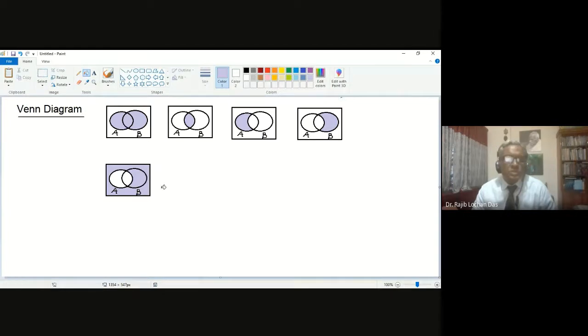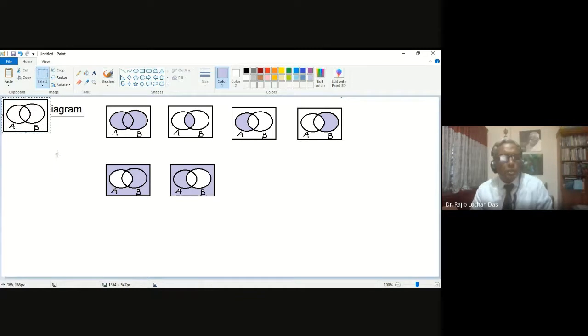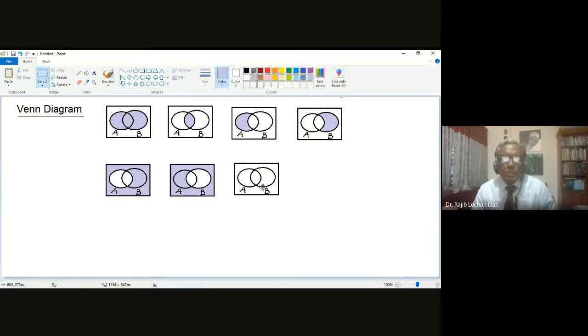Then we will say this is not A. What will be this area? That will be called not B. What will be this area? It will be called A union B prime.